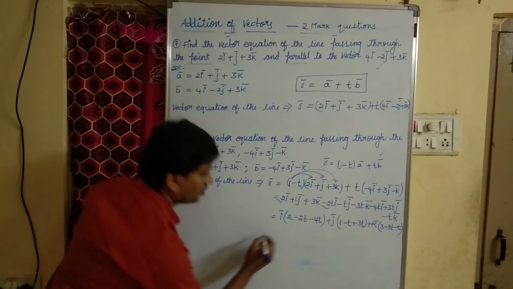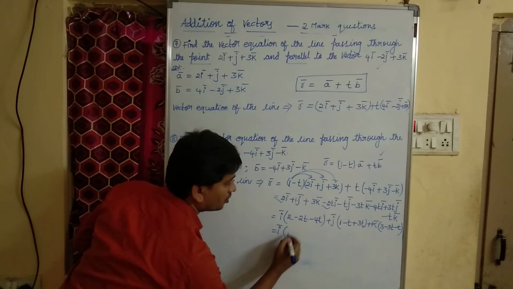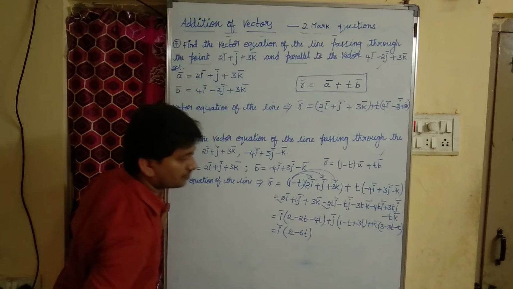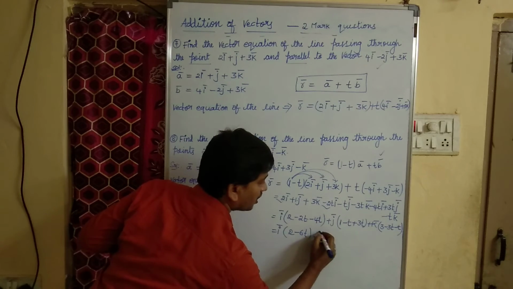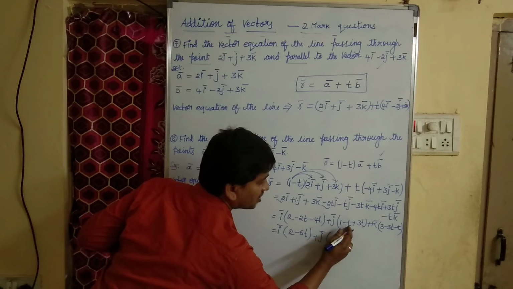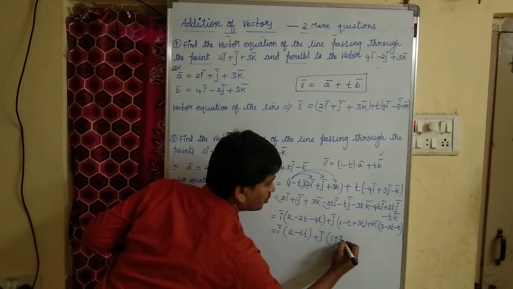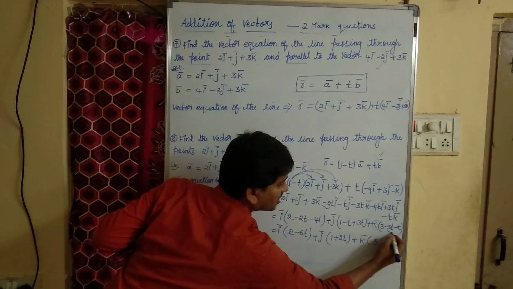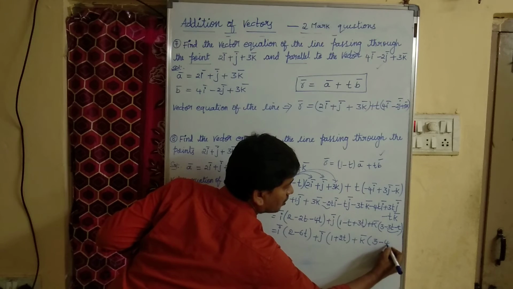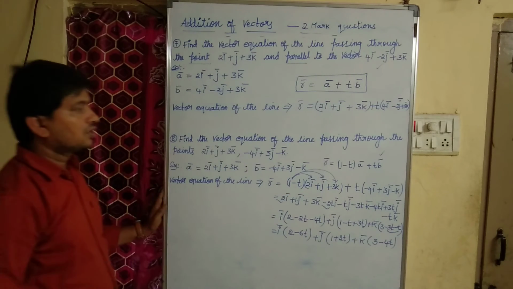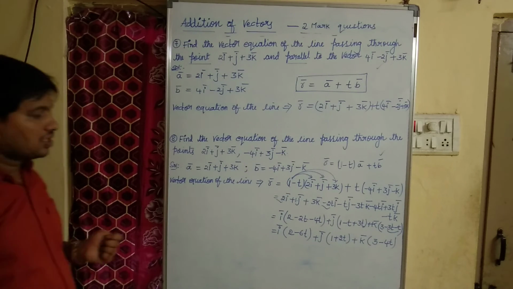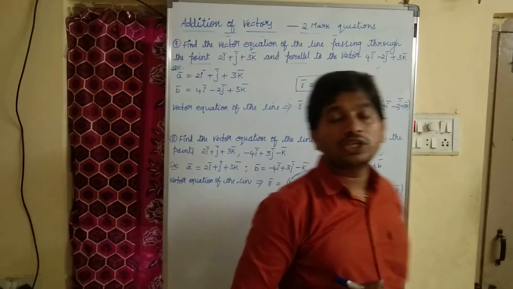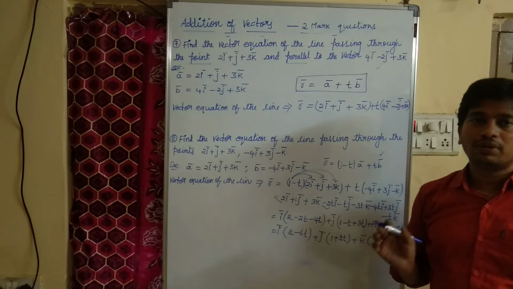So i bar into (2 minus 2t minus 4t), that is minus 6t, plus j bar into (1 plus 2t), plus k bar into (3 minus 3t minus t). So the vector equation of the line passing through the points is r bar equal to (1 minus t) into a bar plus t b bar.